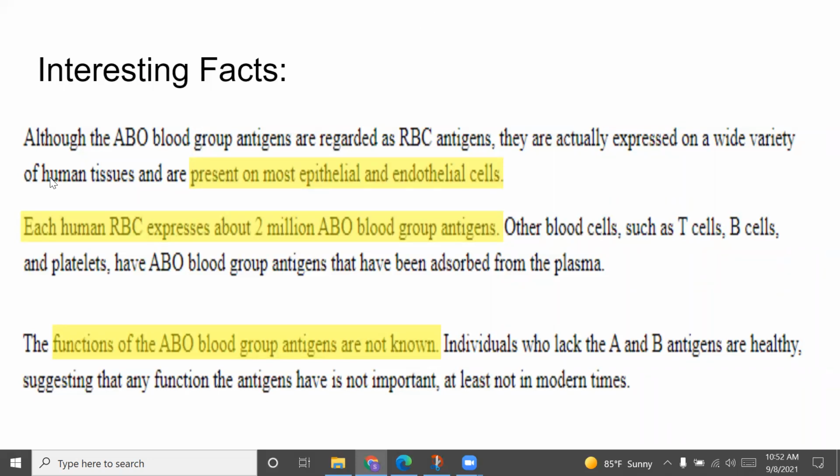Each human red blood cell expresses about 2 million ABO blood group antigens. And functions of the ABO blood group antigens are not actually known. Like in the video, it said, we don't really know why it evolved this way, but it did. And we know that it matters because we can't do transfusions the wrong way, right? But we don't actually know why it is the way it is.